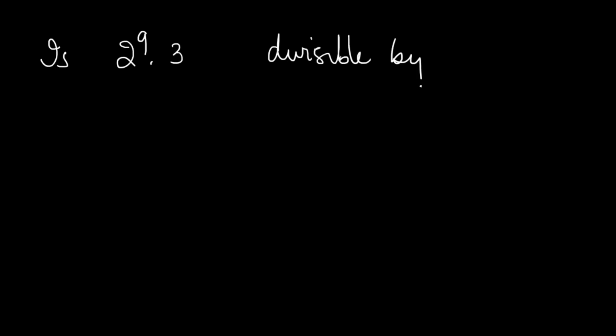So the question is: is 2 raised to 9 into 3 divisible by small n equal to 5, where this is capital N?